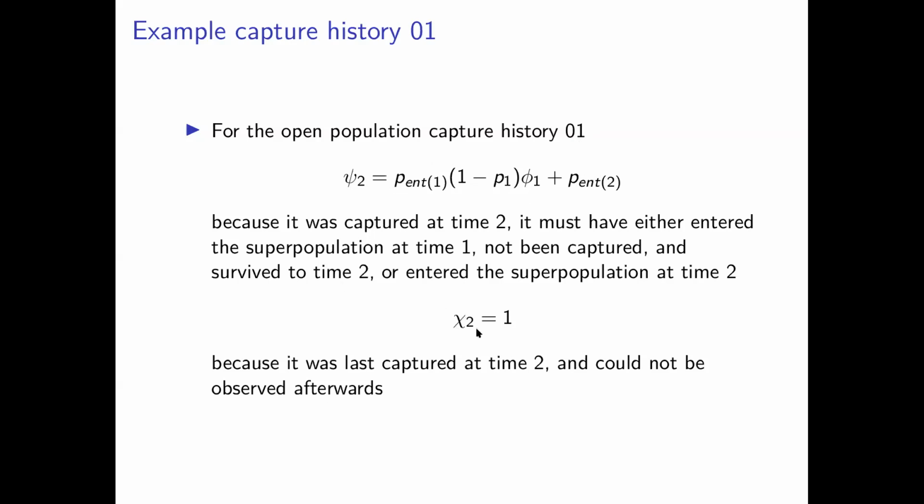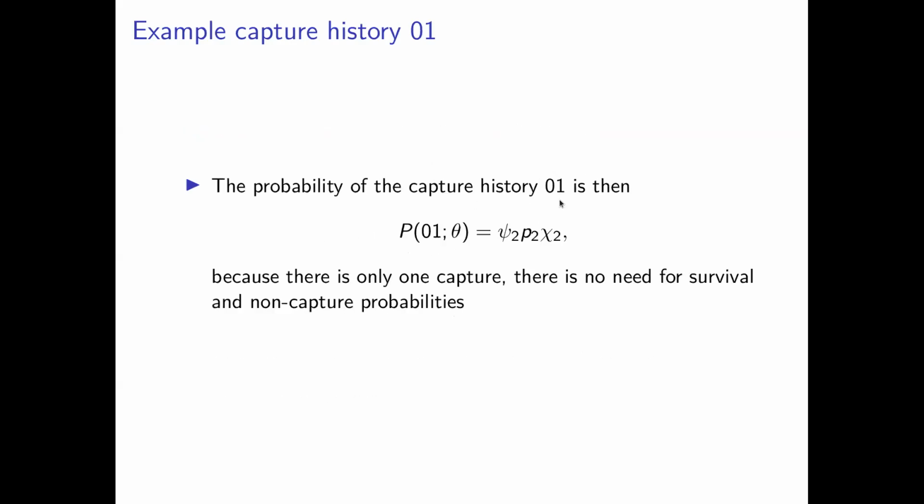And then the probability of not observing the animal after time 2, given that it's alive at time 2, is 1 again, because there are no more surveys. And the capture history probability is just this expression. So now it's just psi sub 2 and the capture probability for survey 2, and then chi sub 2.